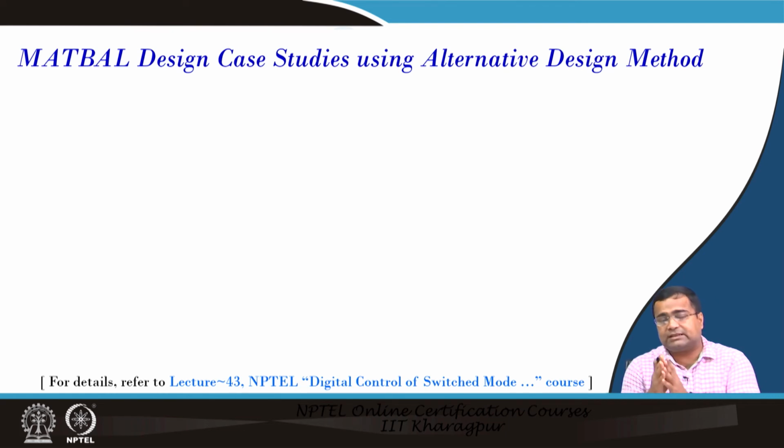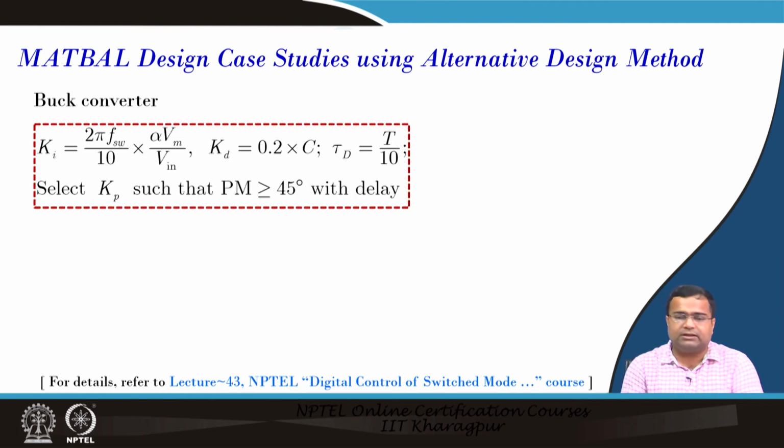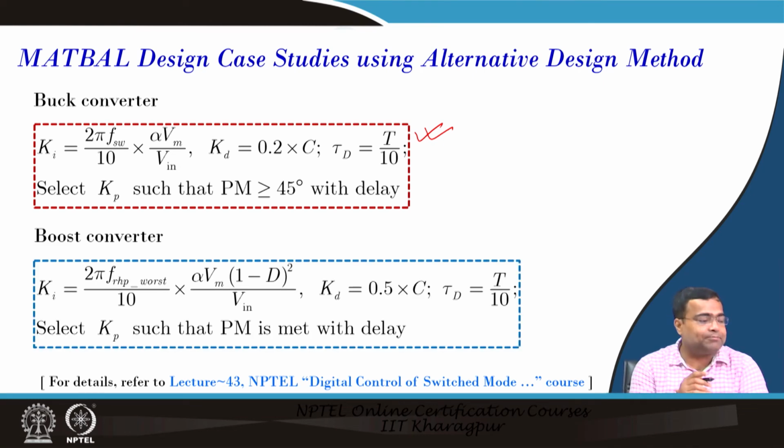But we have also discussed the alternative method. In the alternative method, we have already shown the simulation case study for the buck converter, and we observed that the load transient response is much better using this alternative method compared to the traditional method. Now we want to see a case study for the boost converter using the traditional pole-zero cancellation method that we have discussed, and how to set Ki, Kd.